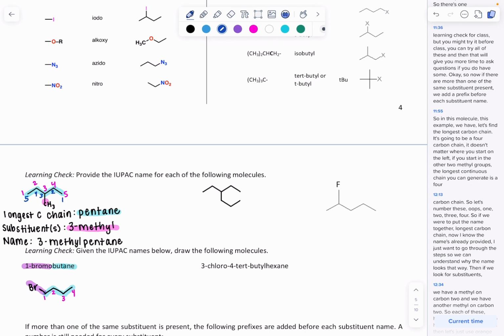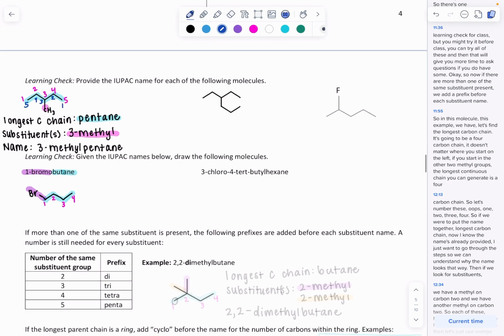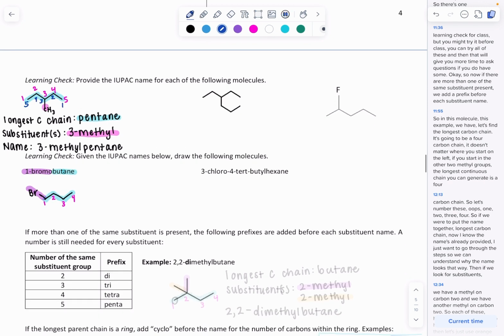Okay, so now if there are more than one of the same substituent present, we add a prefix before each substituent name. So in this example, let's find the longest carbon chain. It's going to be a 4-carbon chain.